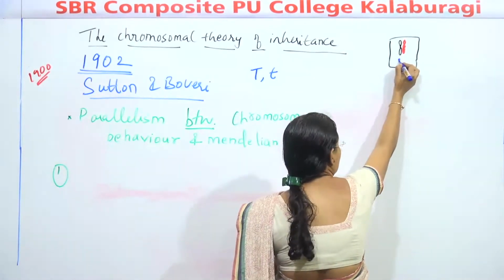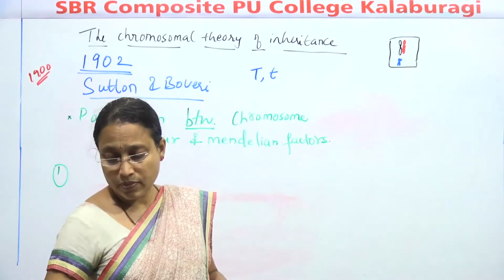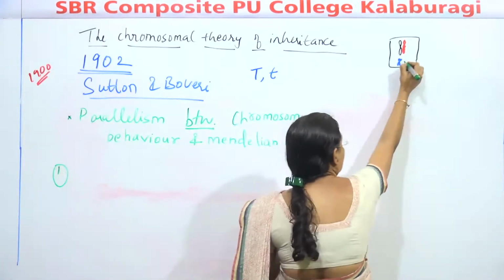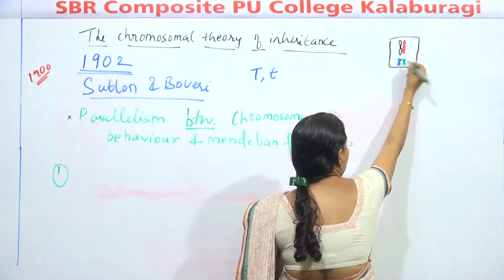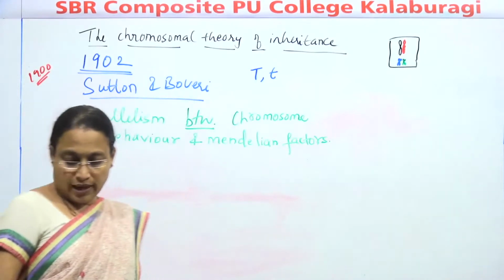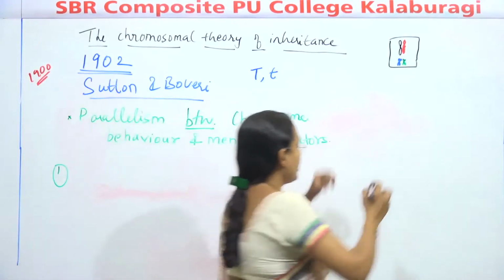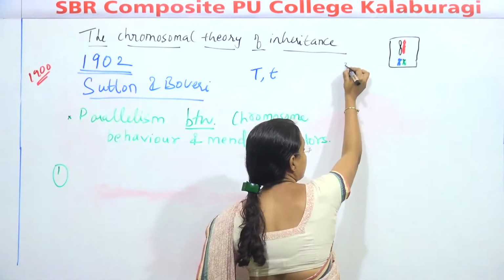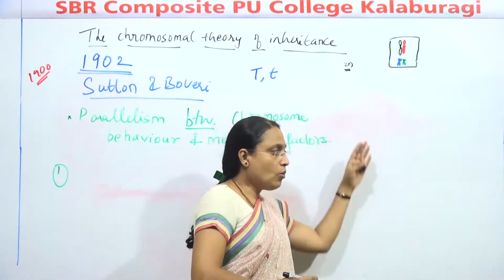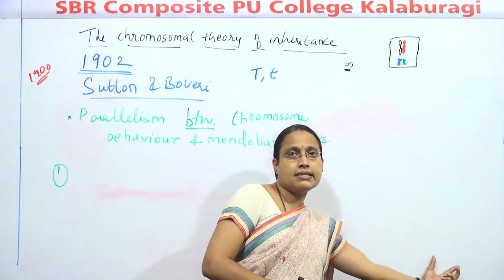And one more chromosome is a smaller one here. And of course, this one is also another chromosome. So you should know that. This is actually a diploid cell, which will undergo meiosis and finally produce 4 gamete cells.